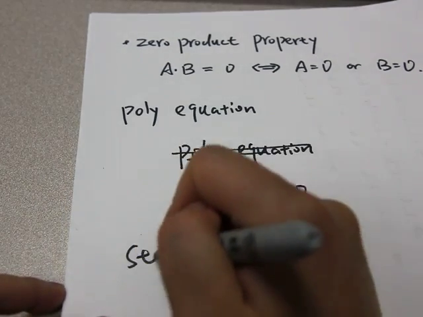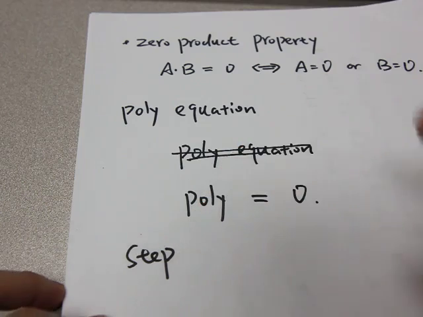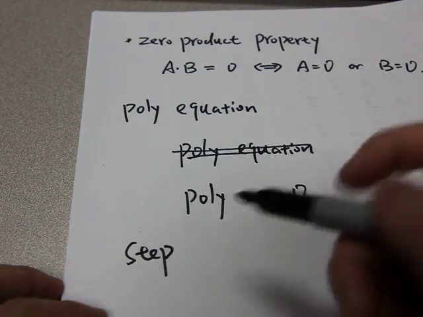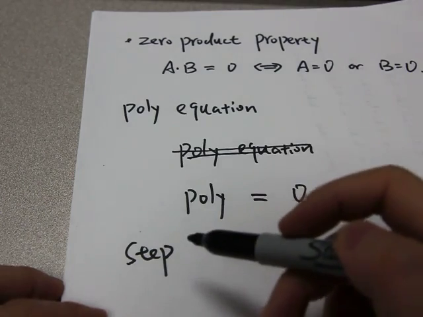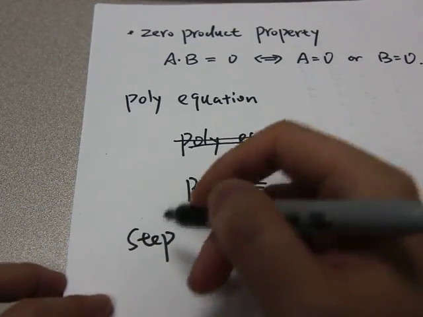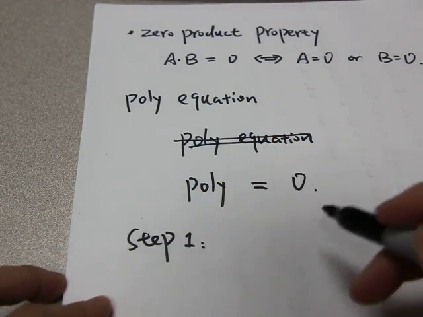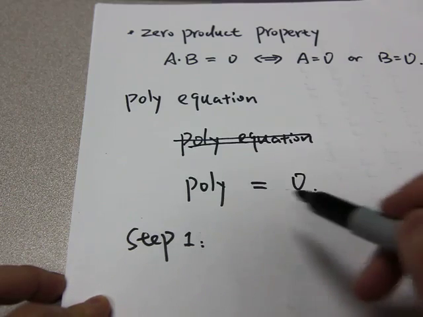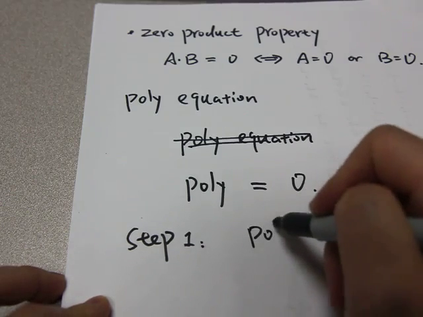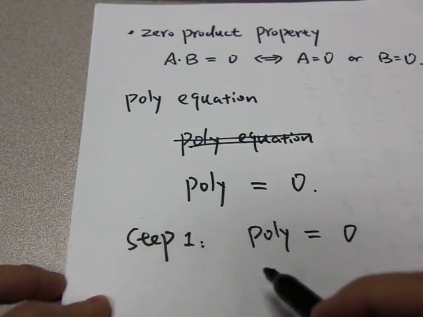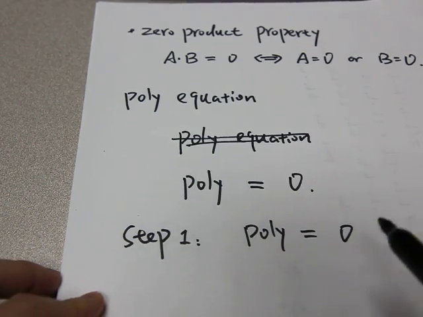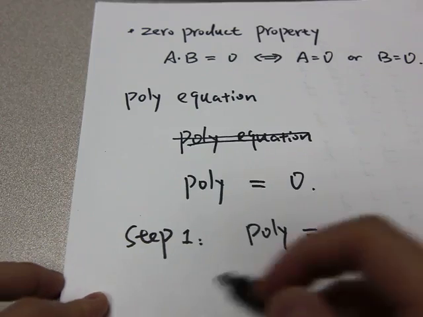So when we solve a polynomial equation, here are the steps we should follow. The first step is to write the equation into this form, so make sure the other side of the equation is 0.